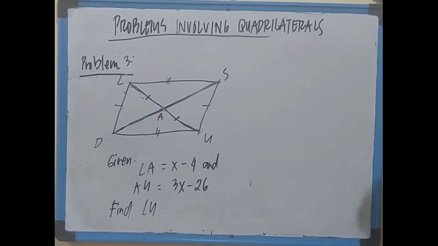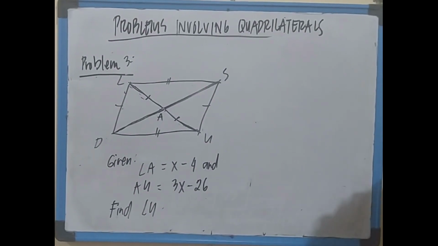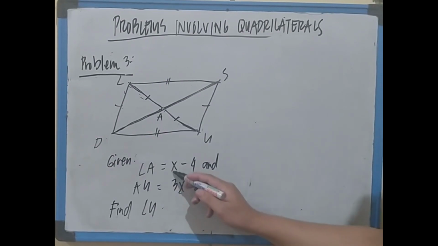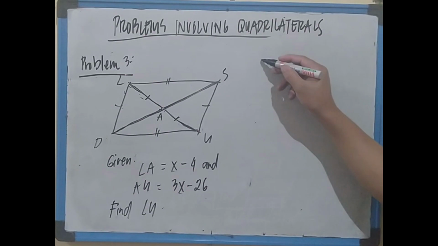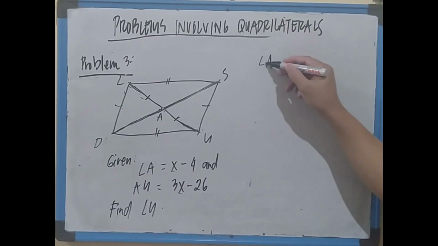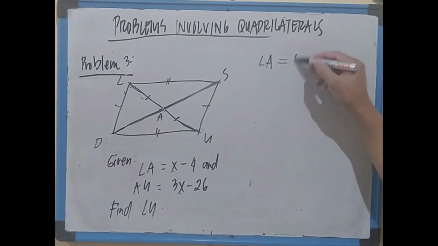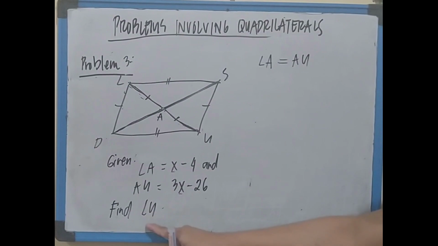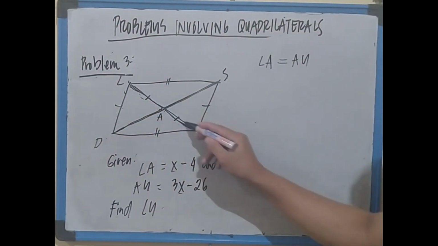So since ang given ay only x minus 4 and 3x minus 26, pwede natin silang gamitin para mahanap muna yung value ng x. Okay? So since ang expression natin is the measurement of LA is congruent to the measure of AU, pwede natin gamitin ito. Pero ang hinahanap natin ay yung LU mismo, yung haba ng isang diagonal.